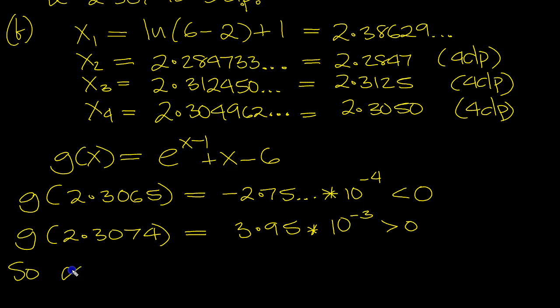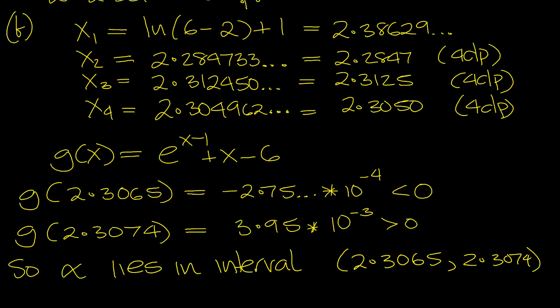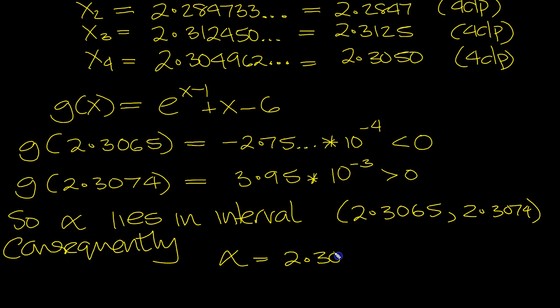So alpha lies in the interval 2.3065 up to 2.3074. So the root lies between. So to 3 dp, consequently, alpha is equal to 2.307, isn't it? To 3 decimal places.